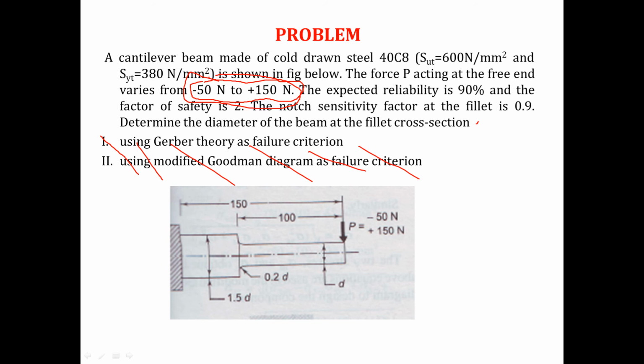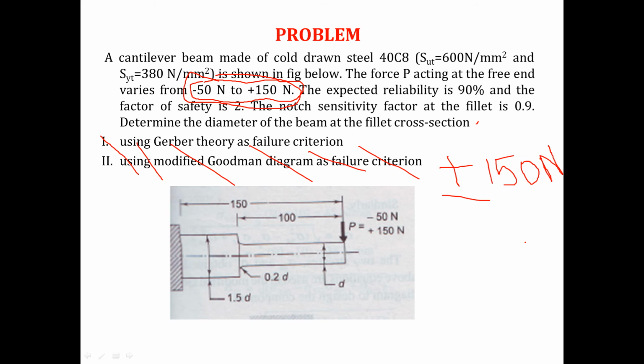If I talk about reversed load, it will be like this: plus minus say 150 Newton. That means whatever load you get in tension, that same load you will get in compression. So for reversed load condition, you have to use the SN diagram. And for fluctuating load condition, both the mean component as well as the alternating component will come.